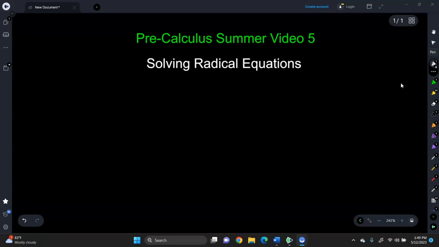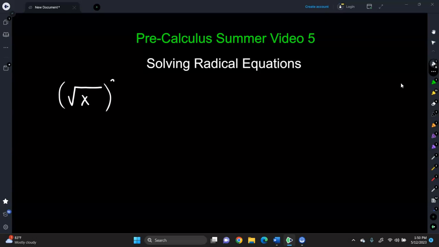So before we get into solving the equations, one very important point is to look at the radical. Remember, radicals are roots, right? So if I have the square root of x and I square that, what am I actually going to get? Well, the square root of x can be written as x to the 1/2 and square it.